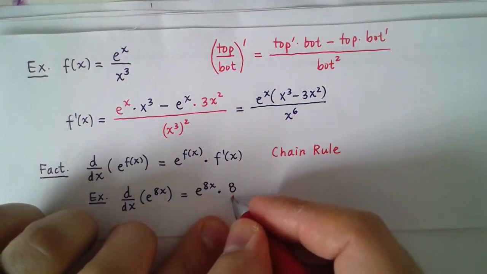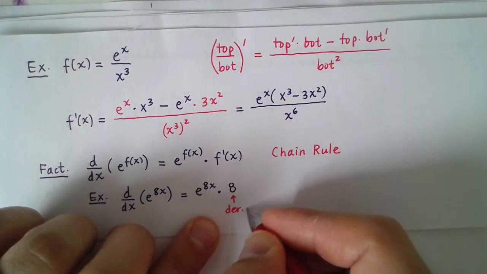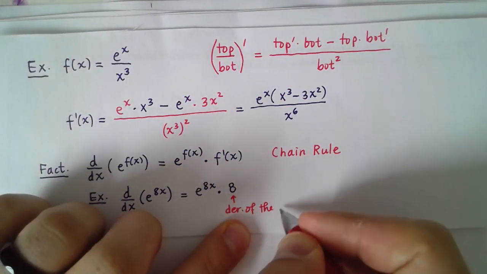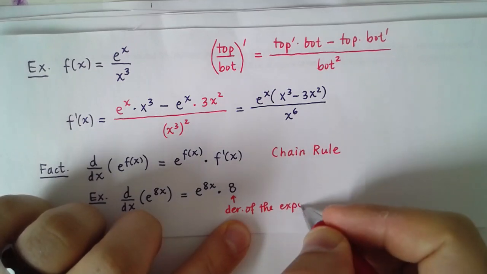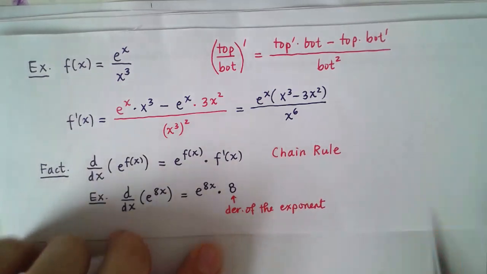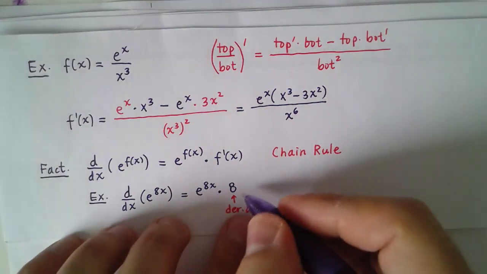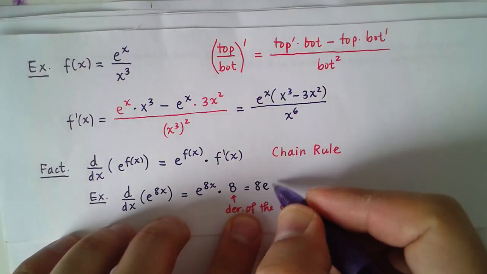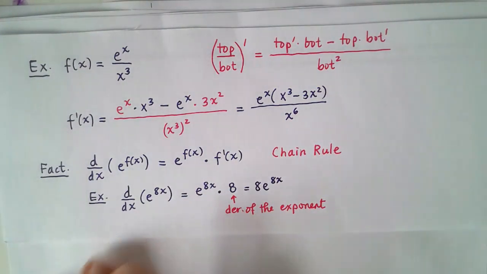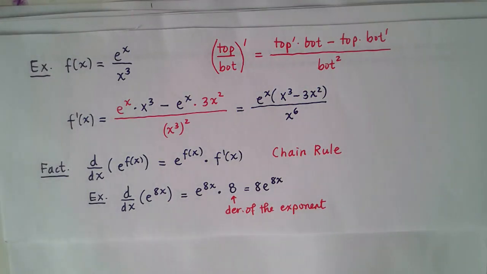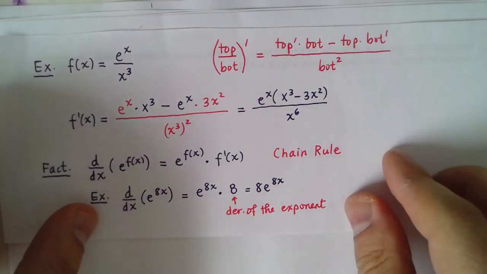This 8 is the derivative of the exponent. So if you simplify, that's going to be 8 times e to the 8x. You're simply using the chain rule, but you have to first keep the e function itself and then multiply it by the derivative of the exponent.